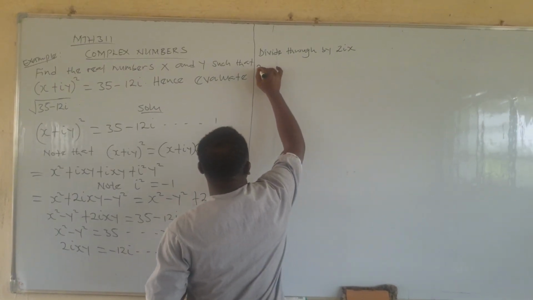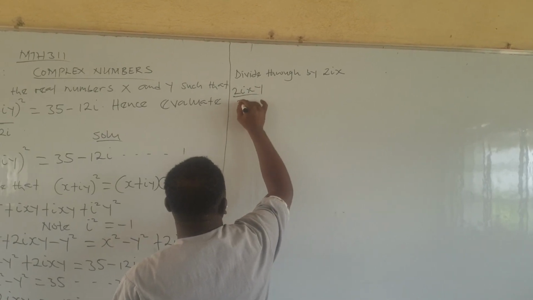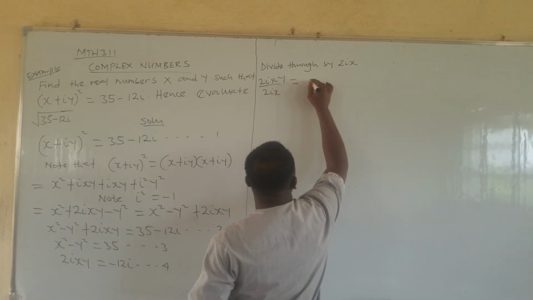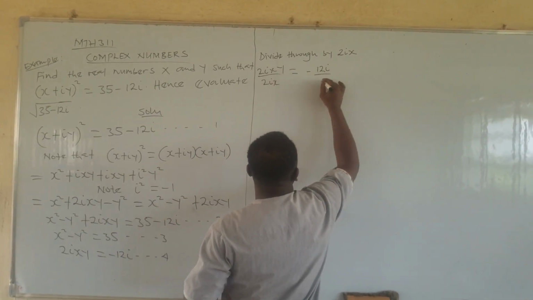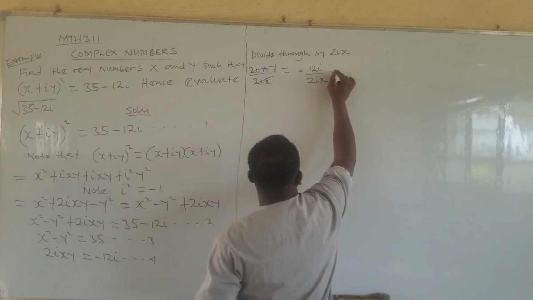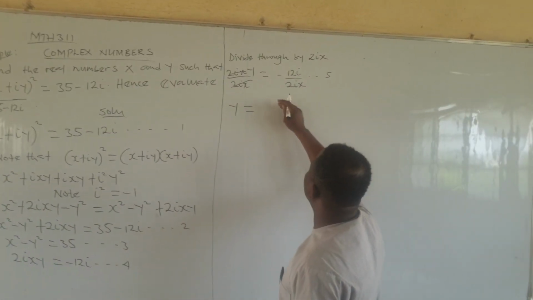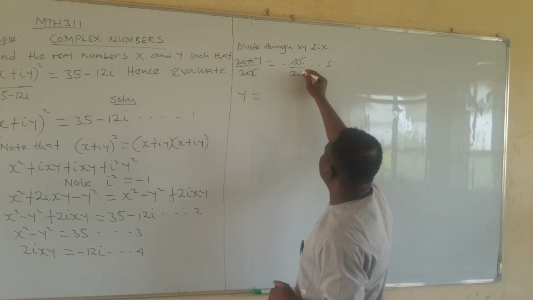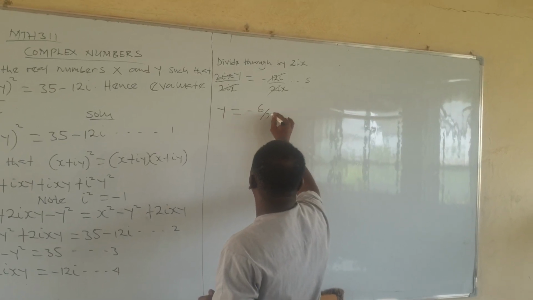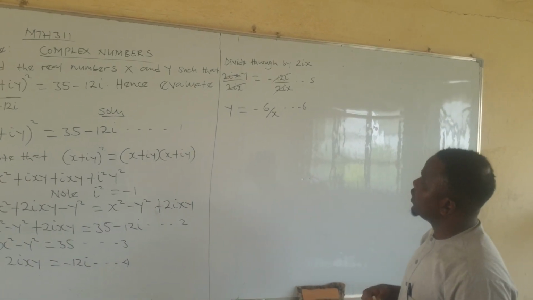So if you agree with me, 2ix times y all over 2ix is equal to minus 12i all over 2ix, isn't it? So this and this will go. This is equation 5. Then our y is equal to, this and this will cancel each other to give us minus 6 all over x. We assume this one to be equation 6. Is that clear? Do you agree with me?